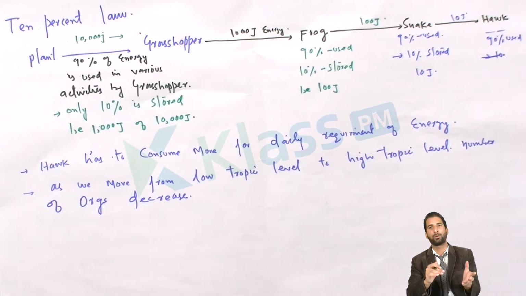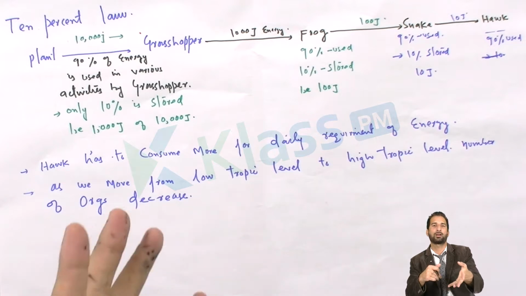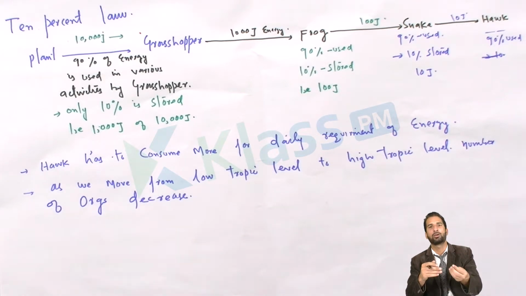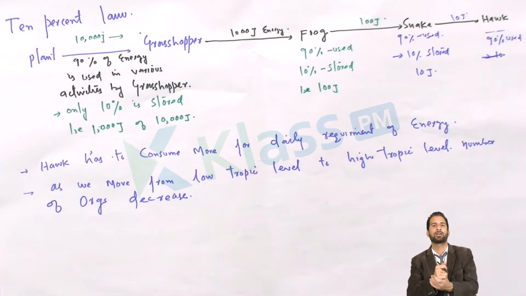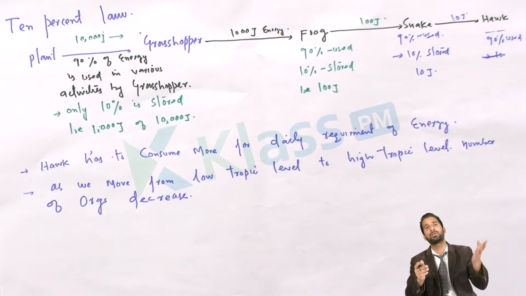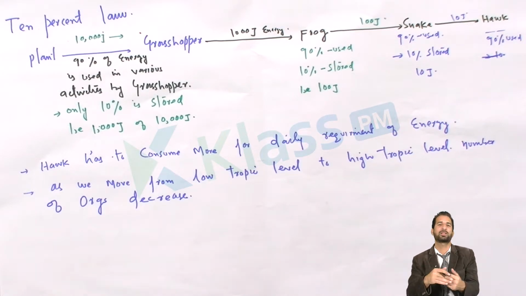When they consume the plant, most of the energy is dissipated as heat as well. So most of the energy is lost. 90% of the total energy available in the plant for the grasshopper is either utilized by the grasshopper for its own activities or dissipated as heat. So only 10% of the total energy which was present in the plant is actually transferred from the plant into the grasshopper.